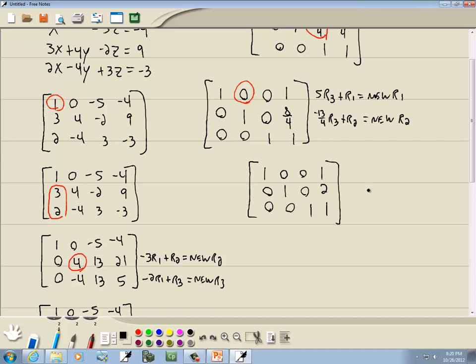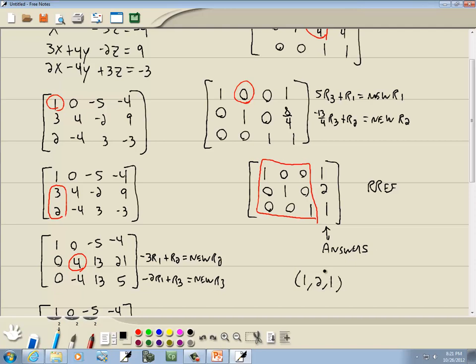Now, RREF, reduced row echelon form, means that if I got 3 equations and 3 variables, I'm going to have a 3 by 3 here that's a diagonal of 1, zeros everywhere else, which is what I have. And if you have that, your answers are the far right column. So our answers would be 1, 2, 1.